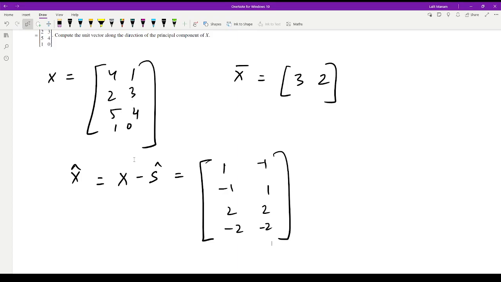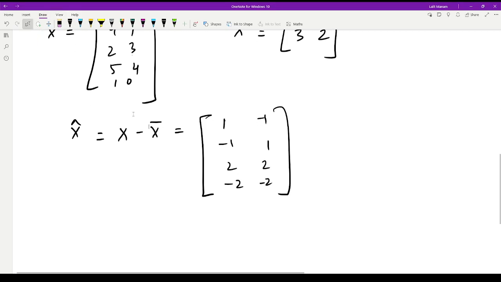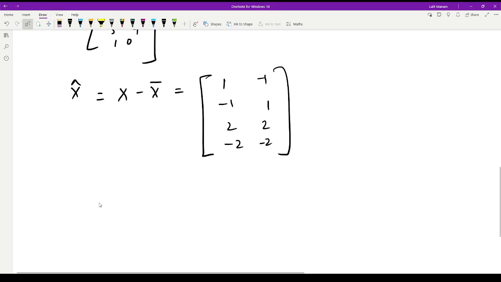We need to find the covariance matrix, right? Yes, sir. So this is wrong, so I'll just change the notation. So how does the covariance matrix look? The covariance matrix C looks like this: with the given notation, it will be (X minus x bar) transpose (X minus x bar).